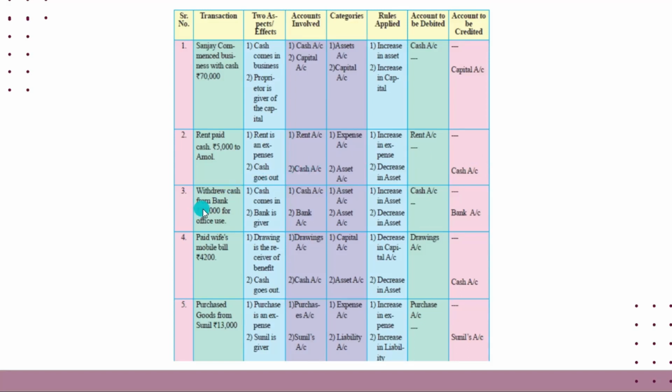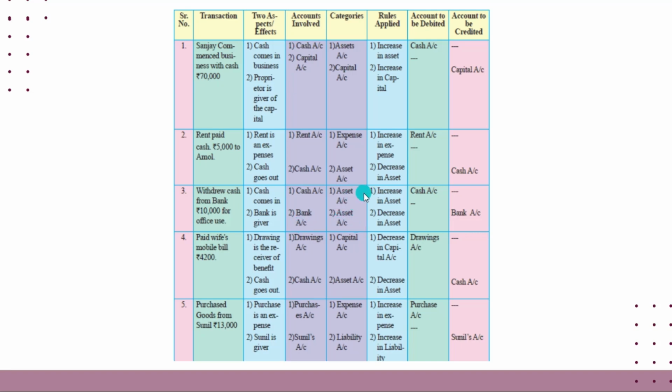And third is withdrew cash from bank 10,000 rupees for office use. So here cash comes in, cash will be in your hand now from the bank, and who gave you that cash? Bank is the giver. Now accounts involved here are cash account and second is bank account. Cash is an asset, so asset account. Bank is also an asset, so asset account here.